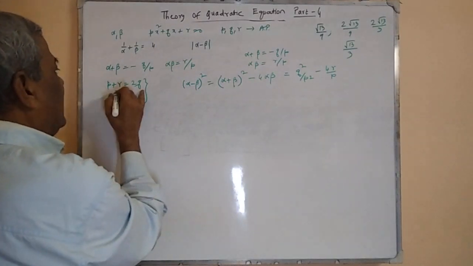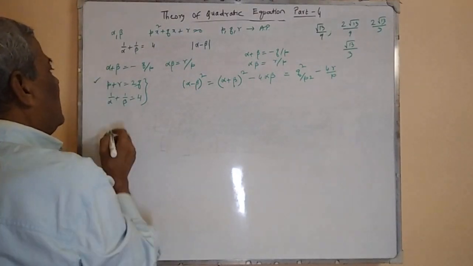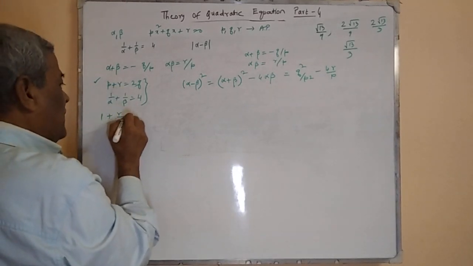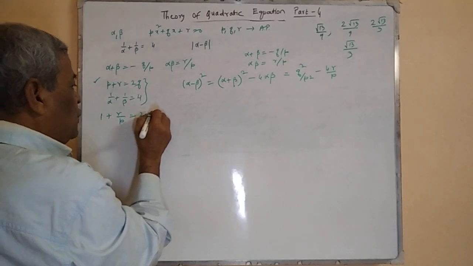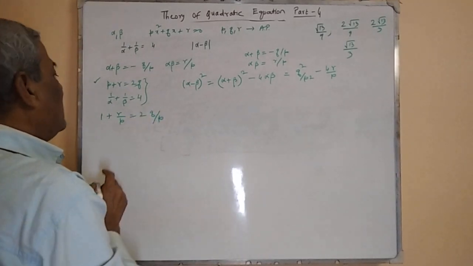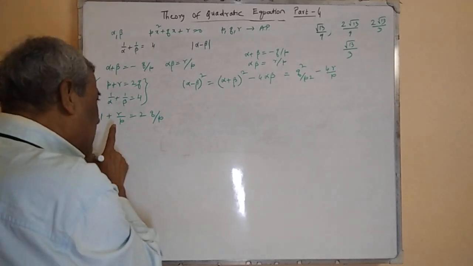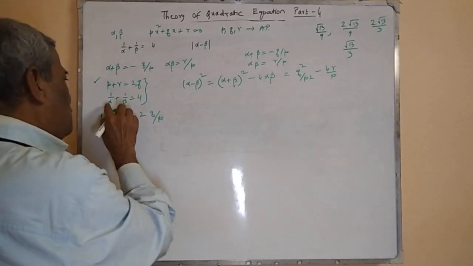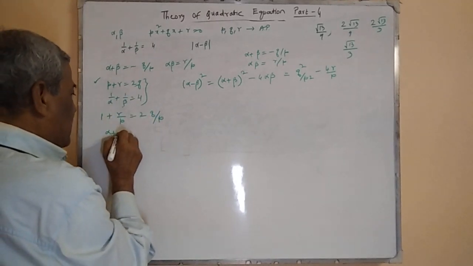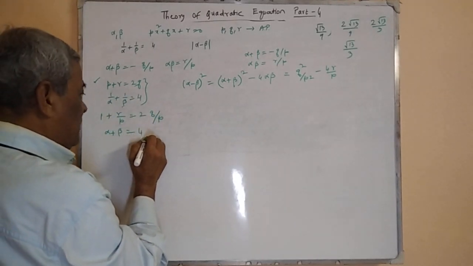Now from this, dividing by p, 1 plus r by p is equal to 2q by p. So we get one relation between r by p and q by p. From this relation, alpha plus beta is equal to 4 alpha beta.